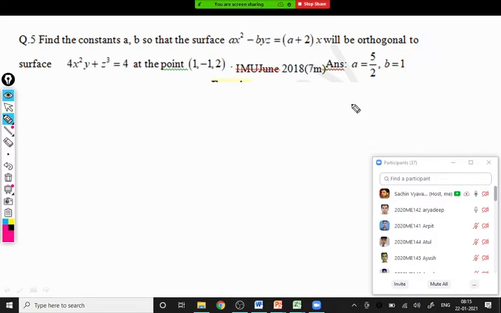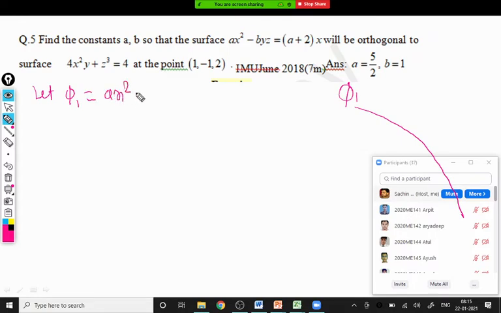I will draw a rough diagram here. Suppose this is surface 1, phi 1. Let phi 1 equal to ax square minus byz. Remember, a function of x, y, z equal to a constant, that is the way we write a surface equation.